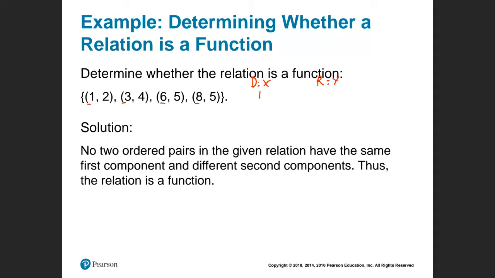How about the range, Y? 2, 4, 5, 5. There are two 5s, we just need to write it down one time. We don't need to duplicate. So the range is 2, 4, and 5.